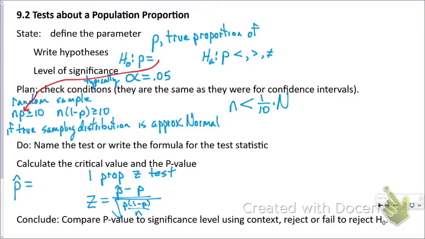And then we'll write down whatever the p-value is. Calculator will do that for us. Also, compare p-value to alpha. And then that'll lead us to the conclude step.